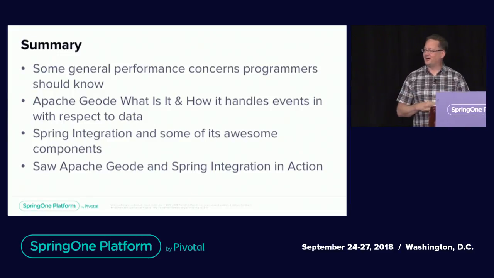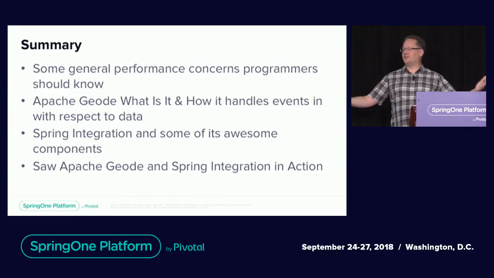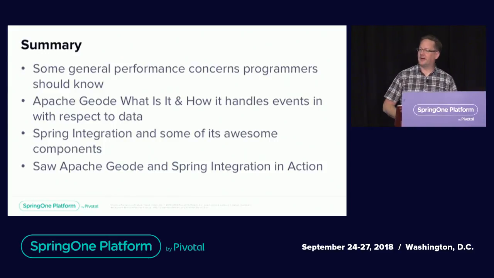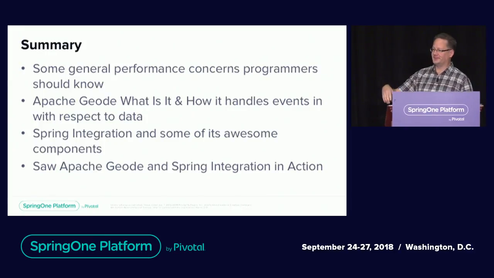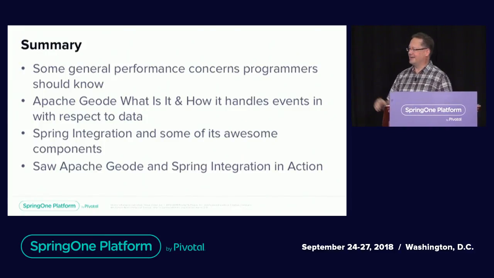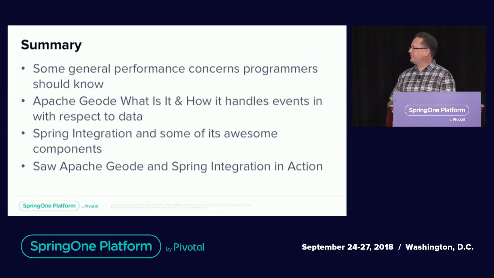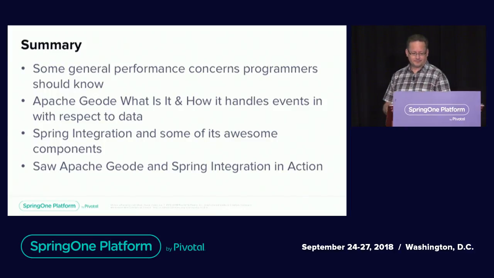That's a good thing to look for, for people that are doing performance applications or even just regular applications, when you're asking how do I make trade-offs on disk versus SSDs. It's a great little website just to get an idea of what that network hop is costing me. We saw what Geode is, we got a brief overview of that and Spring integration, and then we saw the little demo in action.